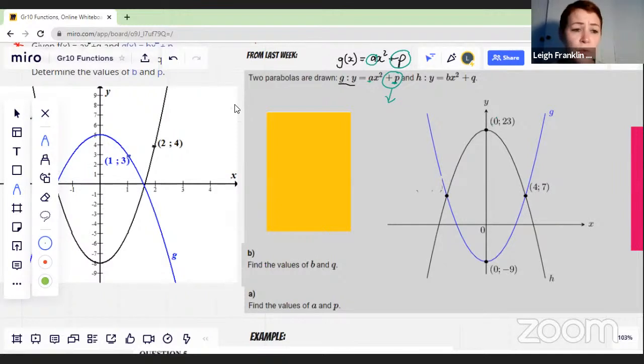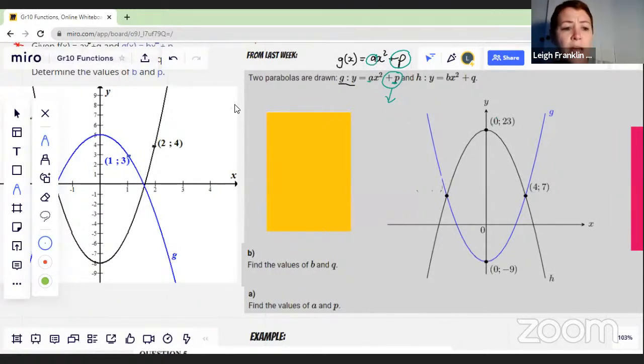If you don't know, that's also fine, just say so. You don't know, okay, not a problem. Let's see if there's somebody else. Naileti, do you know what the value of P is in the blue graph, g of x? Miss, I think it's 0 is to -9.